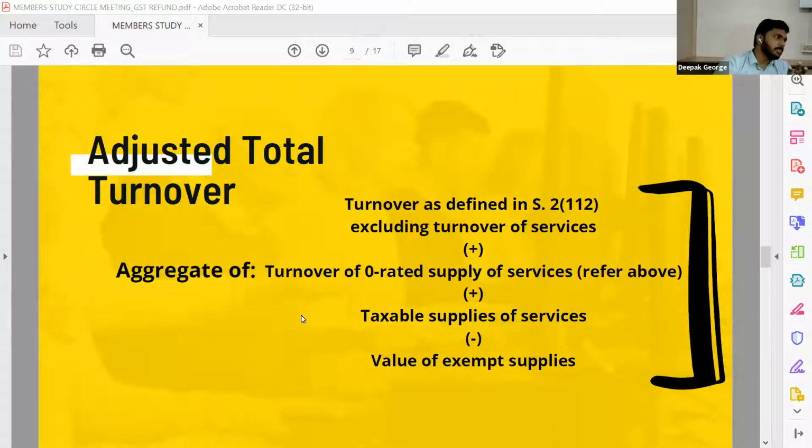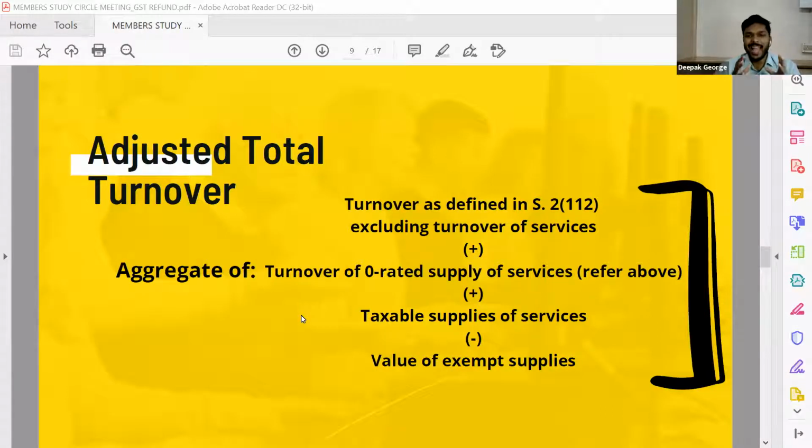Well, again, sub-rule 4 of Rule 89 talks about how you should compute adjusted total turnover. It is not to be computed as per your own wish, as per what you feel is adjusted total turnover. It is to be strictly computed as per the rule or as per the formula prescribed under the rules.